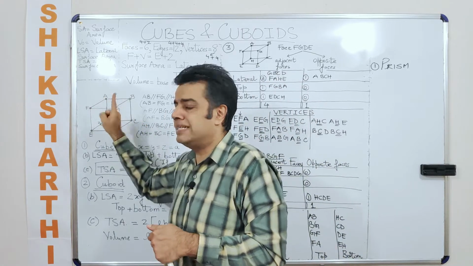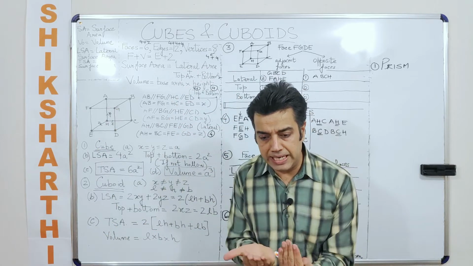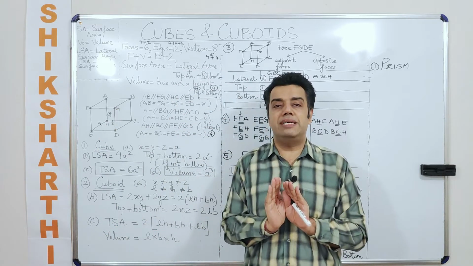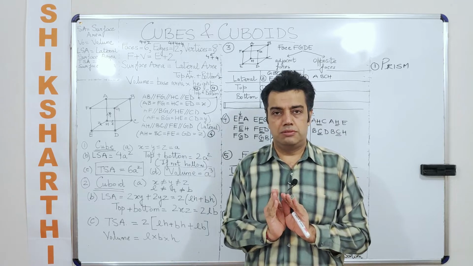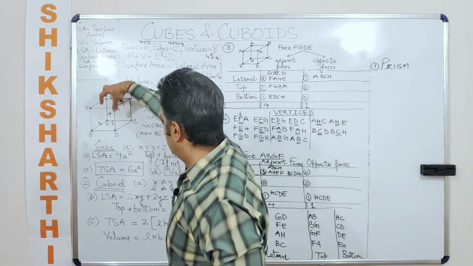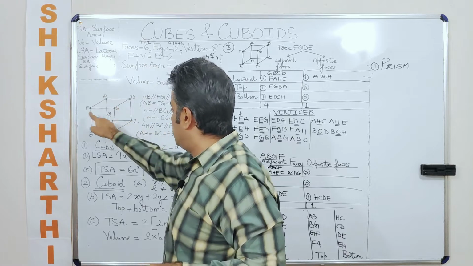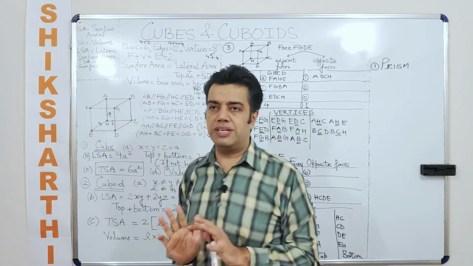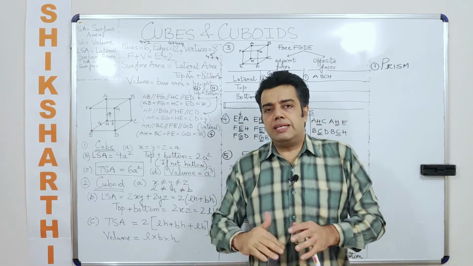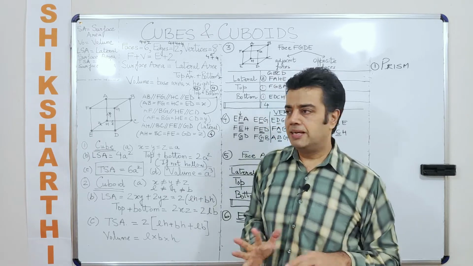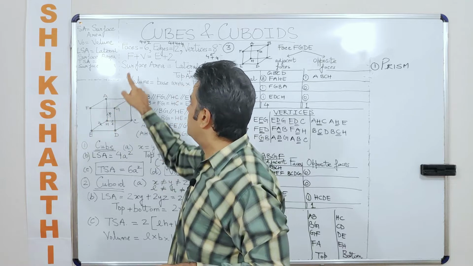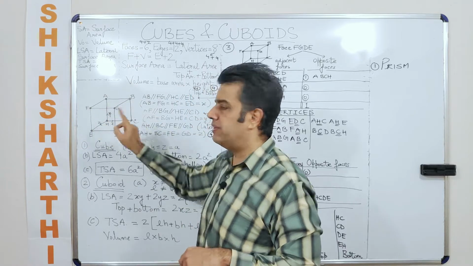If I put a hexagon here, then the number of lateral faces will be decided by the number of sides the hexagon has. Here, A, B, G, F can either be a square or a rectangle. Whether it is a square or a rectangle, in any case it is going to have 4 sides. So 4 sides of these will give rise to 4 lateral faces.